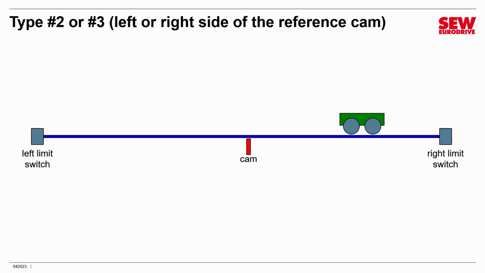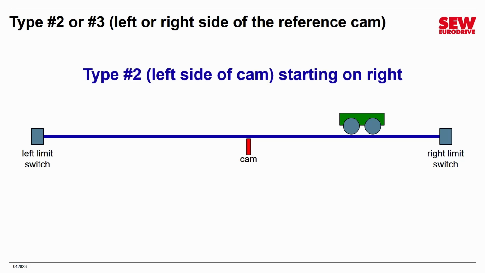Here's 2 and 3. 2 and 3 are identical. They only differ in where you wind up with respect to the reference cam. One type you wind up on the left side, the other type you wind up on the right. Otherwise, pretty much the same thing. So let's look at just type 2. Type 3 is identical except where you wind up. So type 2, the goal is to be on the left side of the cam.